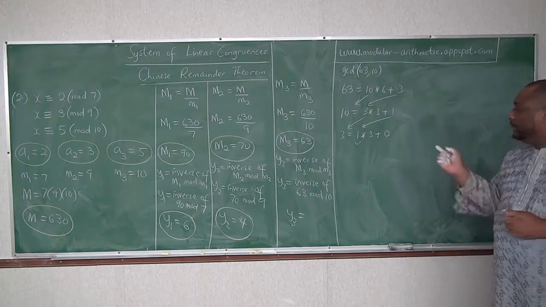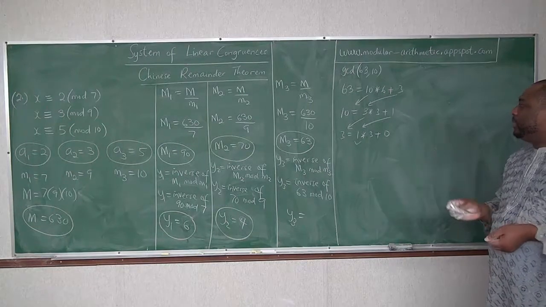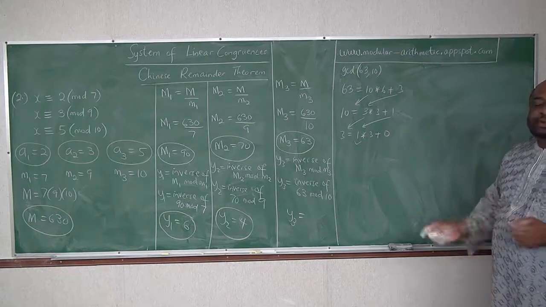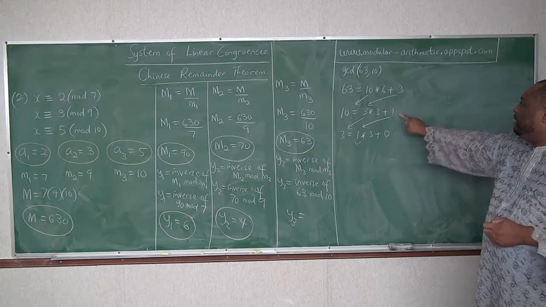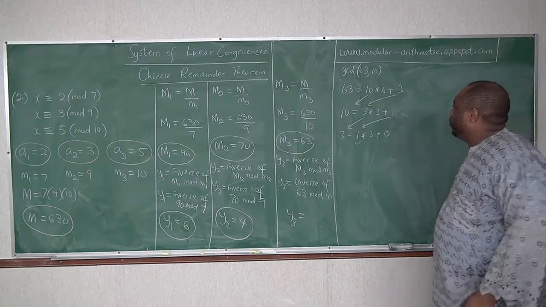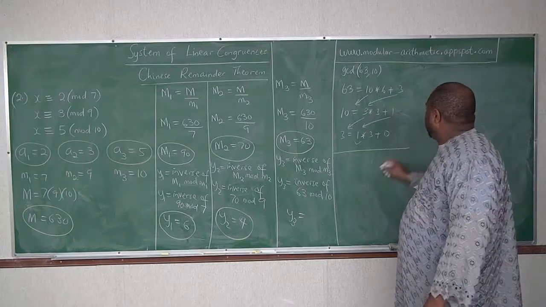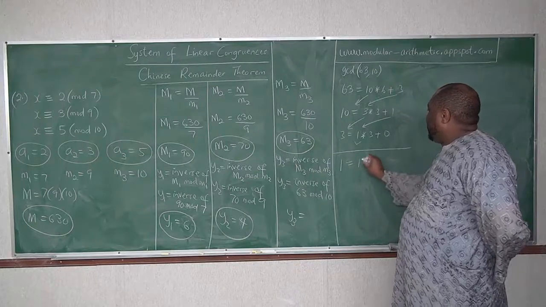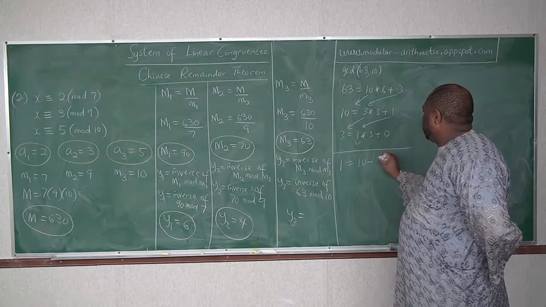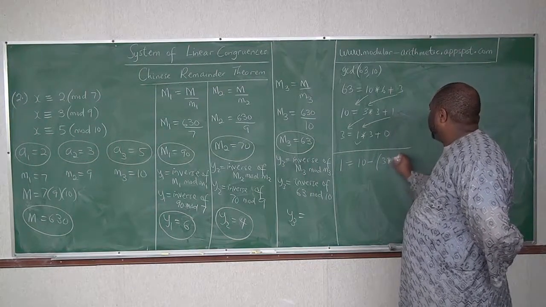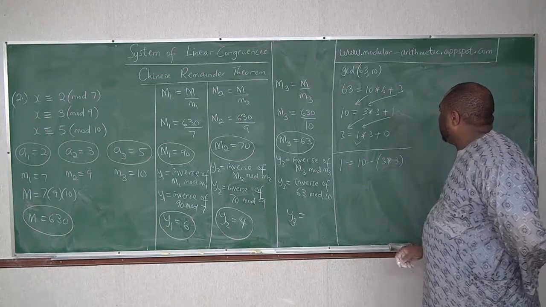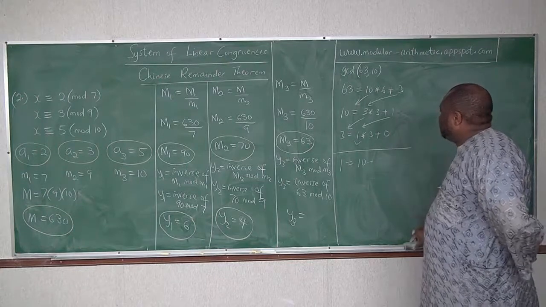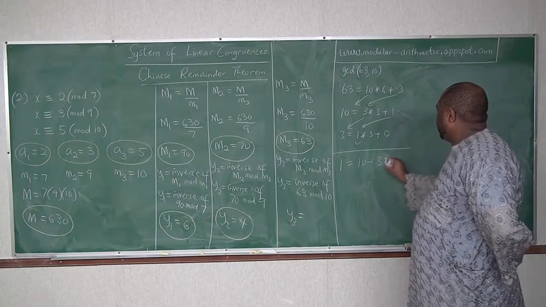GCD is 1, but we will get our inverse, the Bezout's coefficients, from here. So 1 is equal to 10 minus 3 times 3.